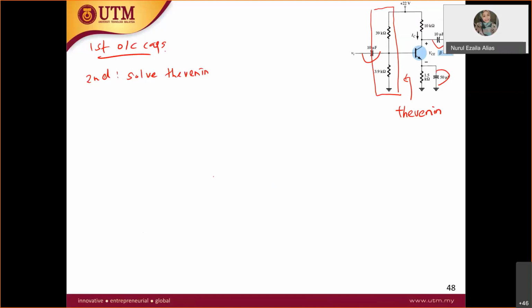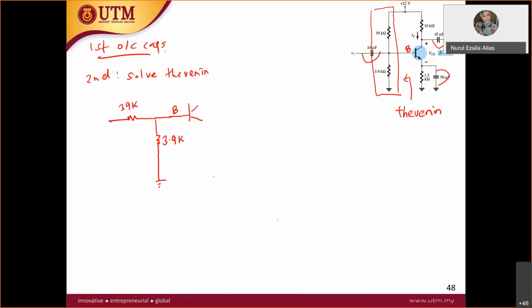Let's look together. You have the base here, so let's redraw the base. At base you have this resistor to the ground, which is 3.9K. This 3.9K has another connection with another resistor, which is 39K.